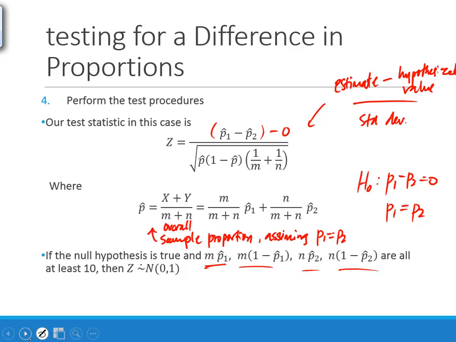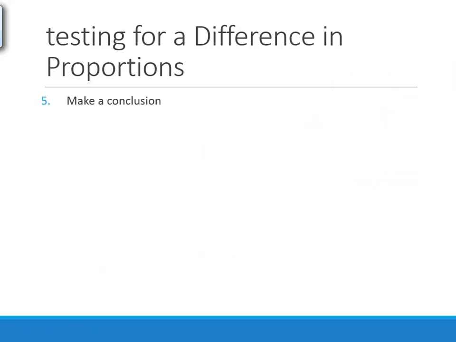And then finally, after we've calculated our test statistic, we'll make our conclusion. So we'll calculate p-values, and then we'll compare the p-value to alpha. Then we either reject or fail to reject.